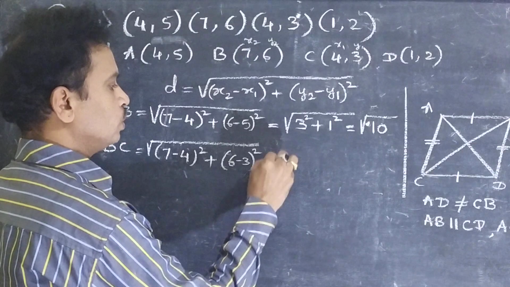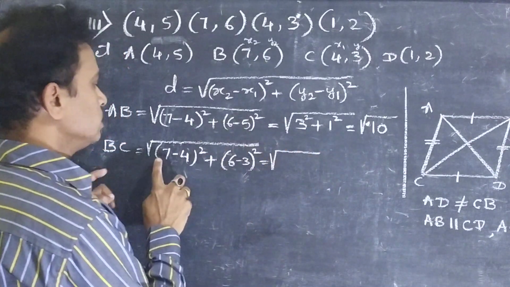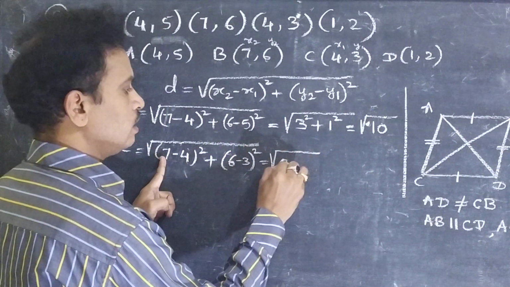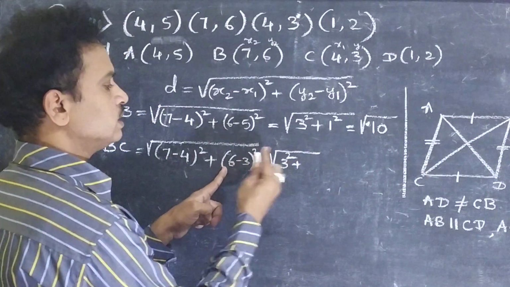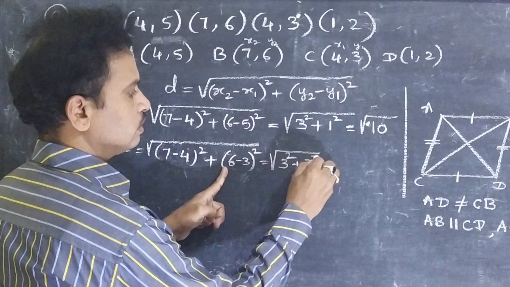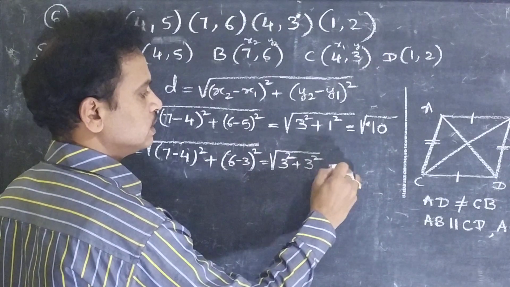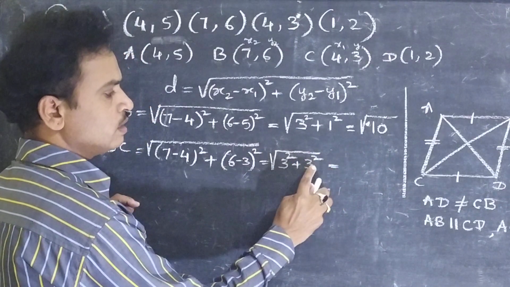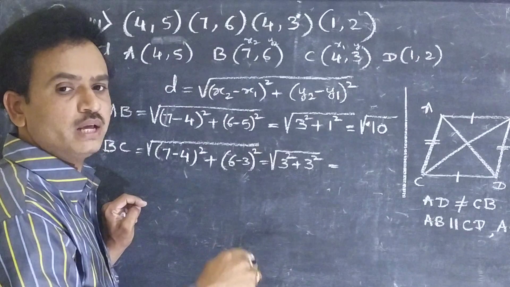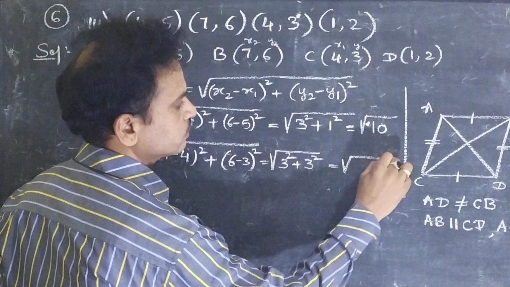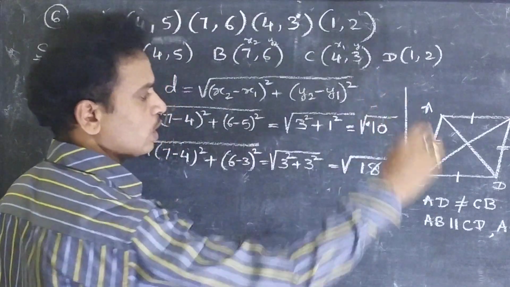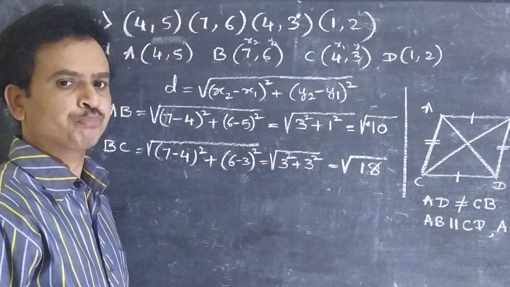Then this is equal to 7 minus 4, 3, 3 square plus 6 minus 3, 3, 3 square. Then 3 square is 9, again 3 square is 9. 9 plus 9, 18. Square root of 18.